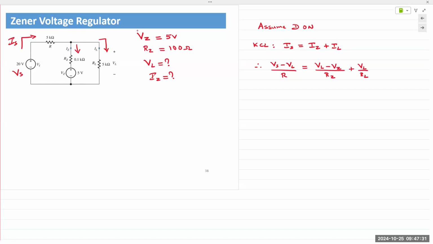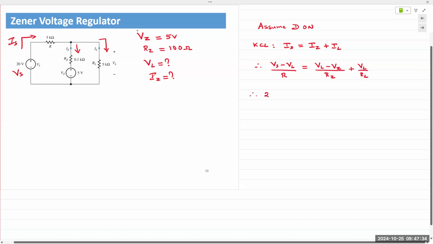So plug in the values. Vs is 20 minus VL divided by R. Plug in the values and solve for VL. So multiply everything by 5,000.